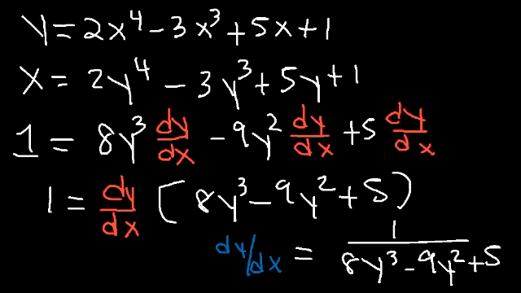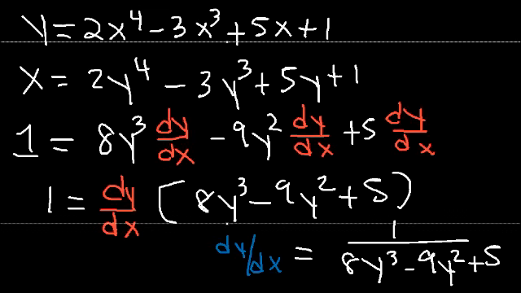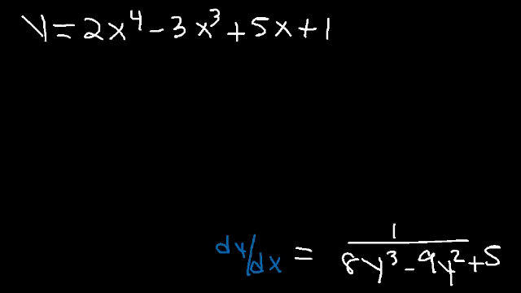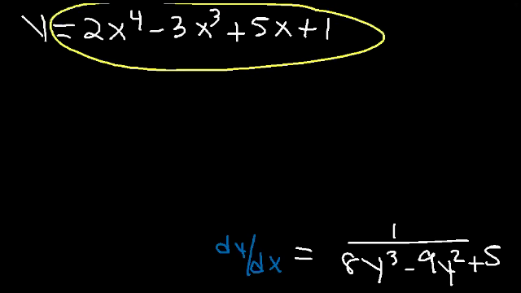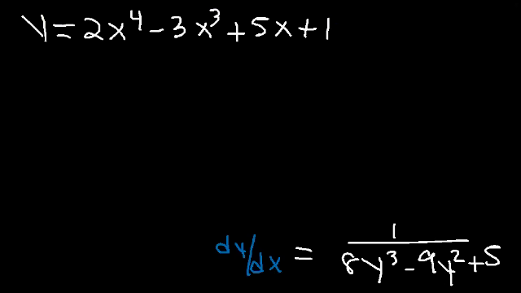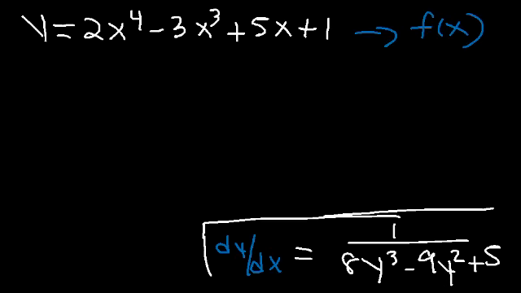So we get the same answer in terms of y, but we can't write our answer in terms of x, because we can't replace y with 2x to the fourth minus 3x cubed plus 5x plus 1. The reason is that this y is associated with f of x. We need the y that is associated with the inverse function. And since it's very difficult to isolate y for the inverse function, we don't want to do it that way. So we want to leave the derivative in terms of y for this problem.